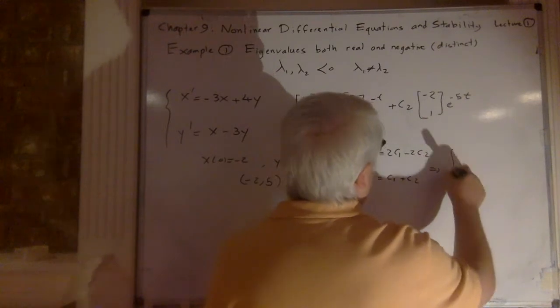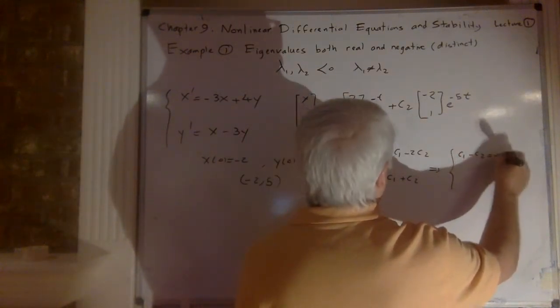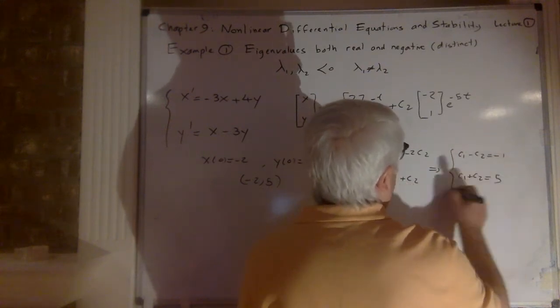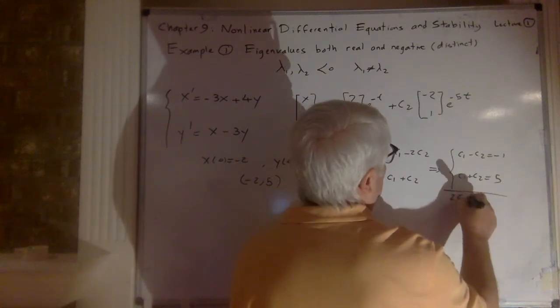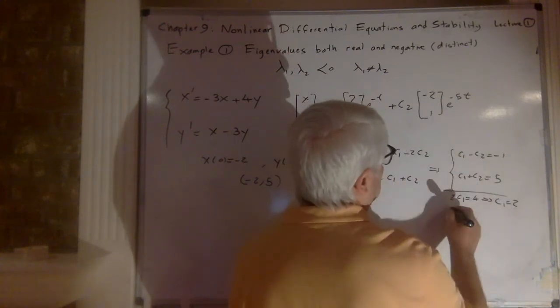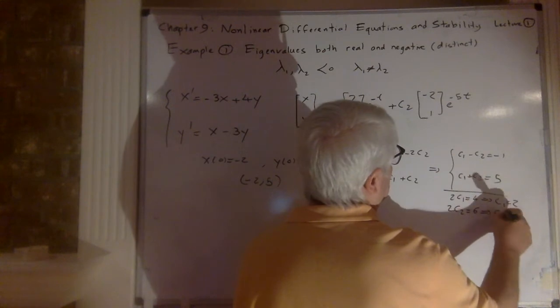So I have c1 minus c2 is negative 1 and c1 plus c2 is 5. If I add them, 2c1 is 4, so c1 is 2. If I subtract, I get 2c2 is 6, so c2 is 3.